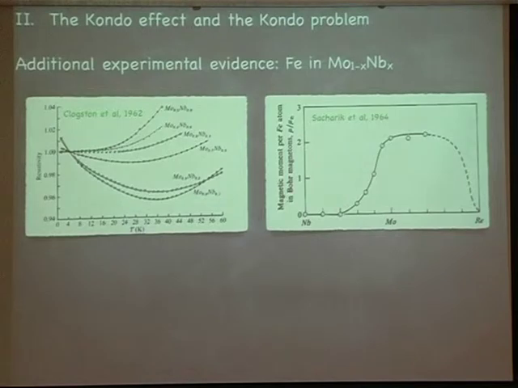then there was additional experimental evidence in the late 50s, early 60s, and I show here some experiments by Clogston and Zachariasen. Namely, if you take the series molybdenum, niobium, and deliberately put iron into this system.